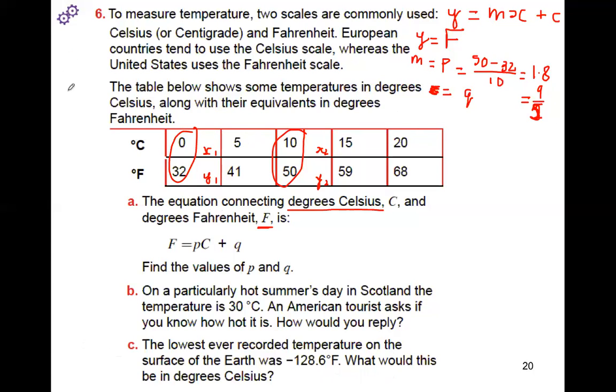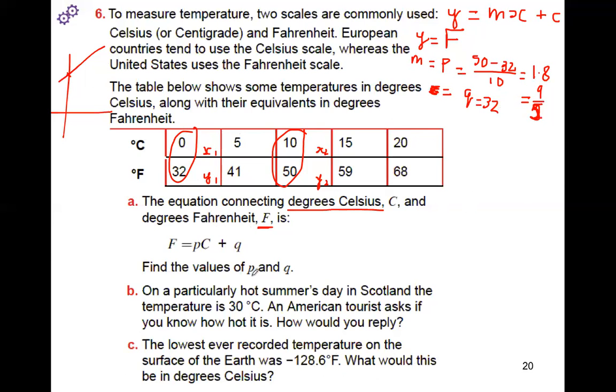So if you remember well, if we had a line crossing 0, 32, for example, then when x equals 0, we have our y-intercept. That would be what we used to call C. So Q, for our case here, is just identified as the y-intercept, which is 32.